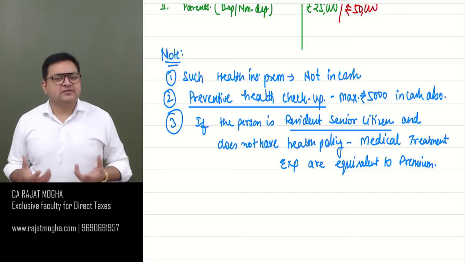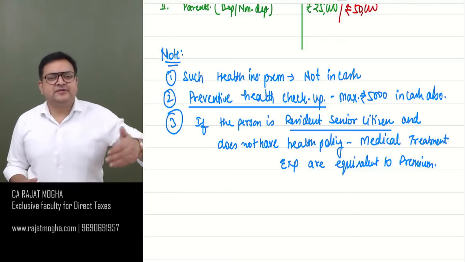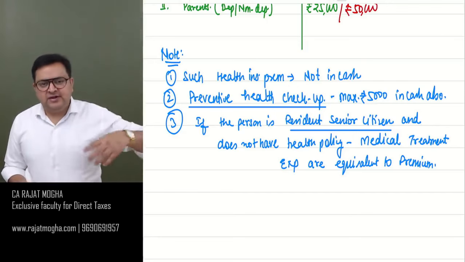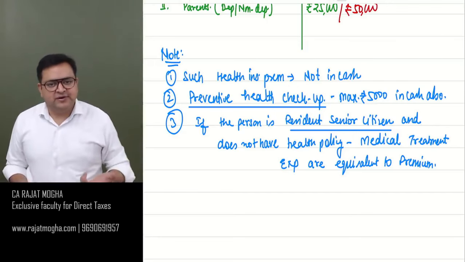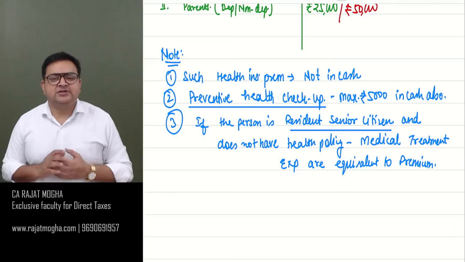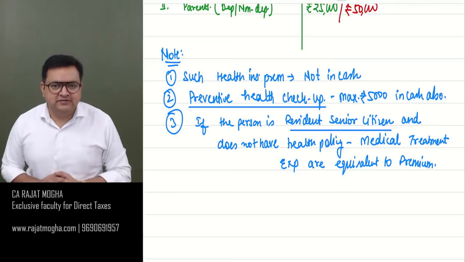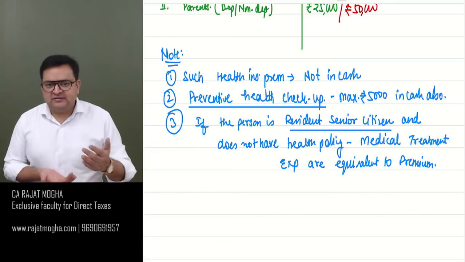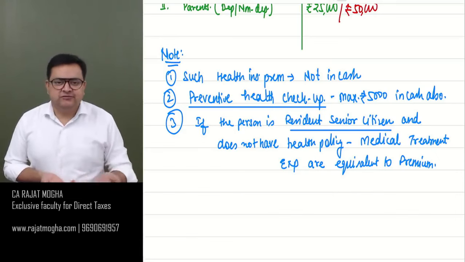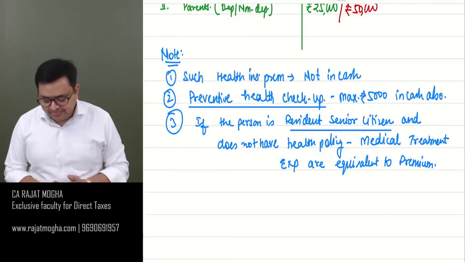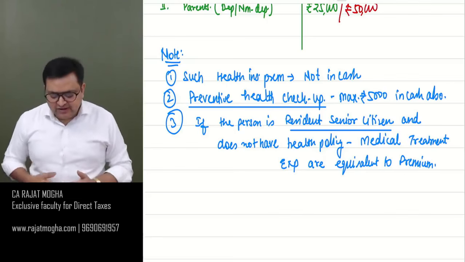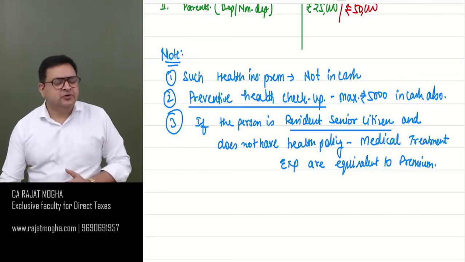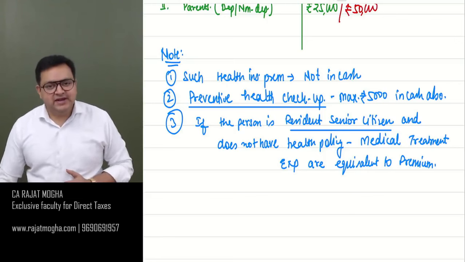Because the insurance company thinks this person is very old, there are very high chances he would be hospitalized, and they would have to pay such high hospital bills. So instead, insurance companies deny giving the health insurance policy. In that case, if the person does not have a health insurance policy, he will not be able to claim the benefit of 80D.